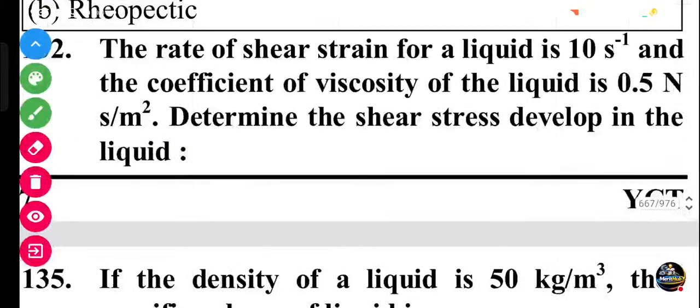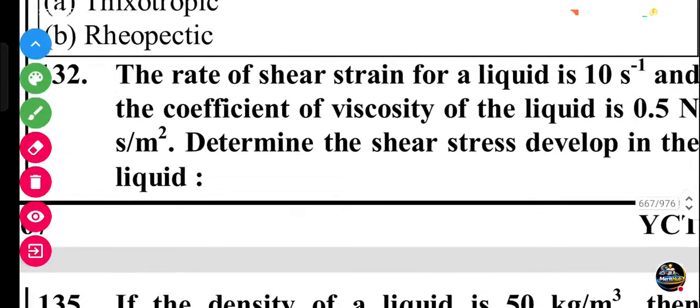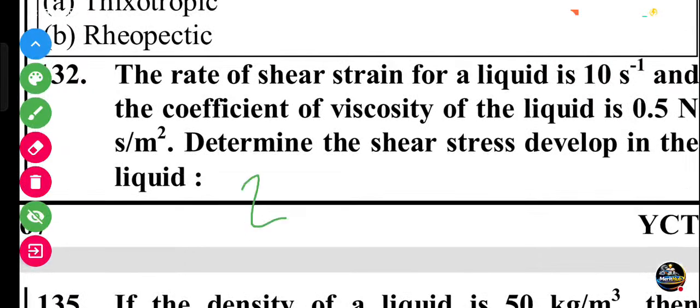Next question. The rate of shear strain for a liquid is 10 per second, and the coefficient of viscosity of the liquid is 0.5 Newton second per meter square. Determine the shear stress developed in the liquid. We know Newton's law of viscosity: tau equals mu du by dy.